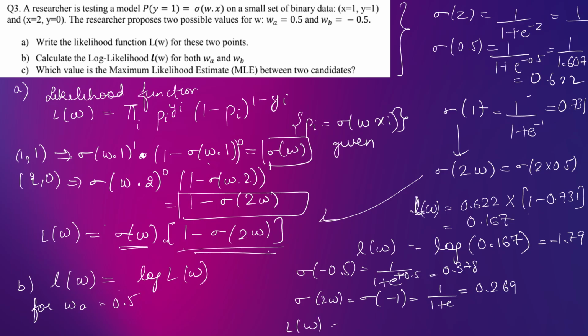Your likelihood function will be 0.378 into 1 minus 0.269. This will come out to be 0.276. Now, putting the value in your log likelihood, log of 0.276, you'll get it as minus 1.2.